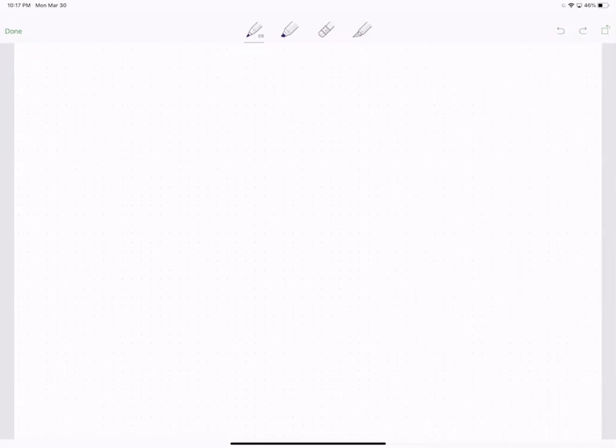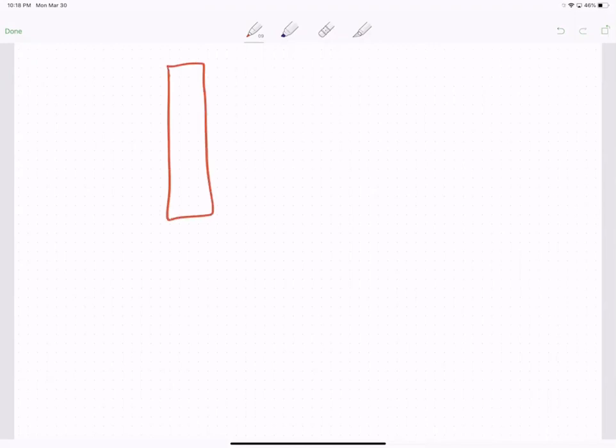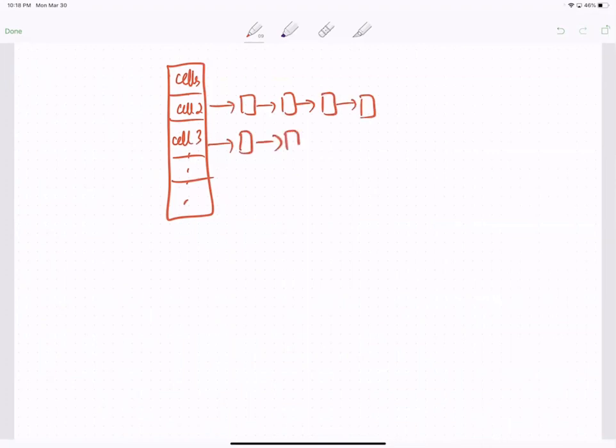Good. So essentially this is how the entire representation of the data structure will look, right? You have these non-empty cells, cell 2, cell 3, and so on. With each one of them, because these are non-empty, we'll keep a linked list of all the points which are there in that cell.